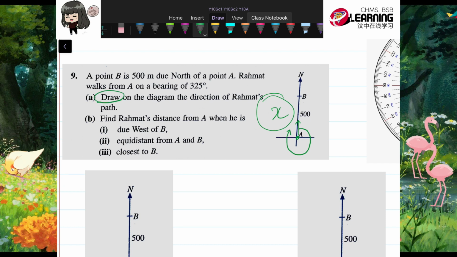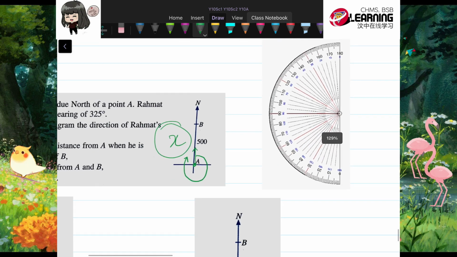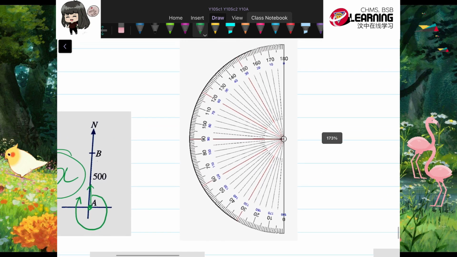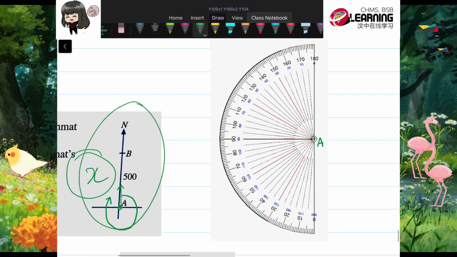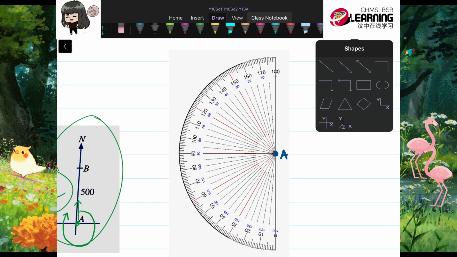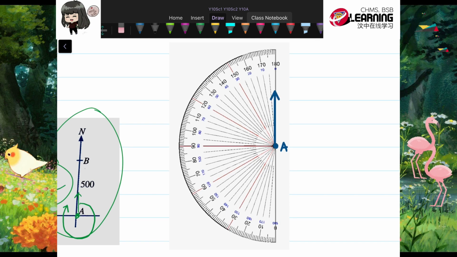So you need to draw it out in your notebook, and you need to use a protractor to draw it. This is your A. When you draw this diagram into your notebook, make sure your A is here, and your north is from here.